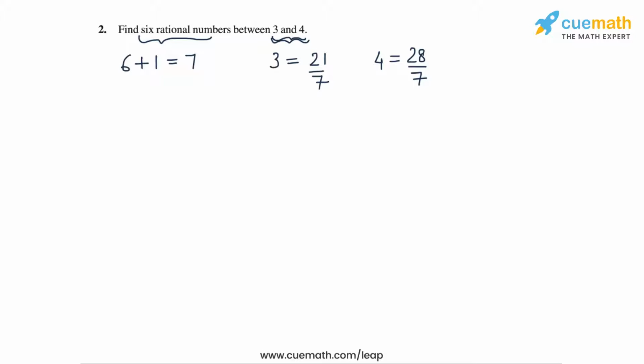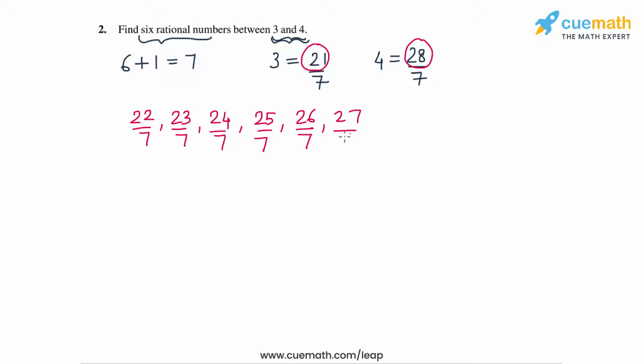Now the numerators 21 and 28 have a gap of 7. So we can take the rational numbers 22 by 7, 23 by 7, 24 by 7, 25 by 7, 26 by 7 and 27 by 7, which are all rational numbers lying between 3 and 4, because we wrote 3 as 21 by 7 and we wrote 4 as 28 by 7.